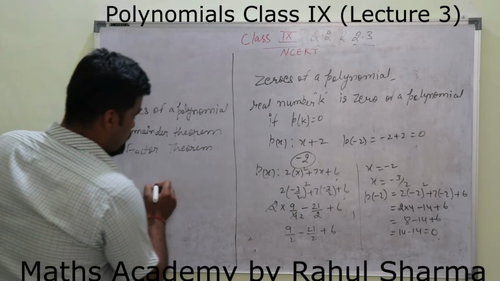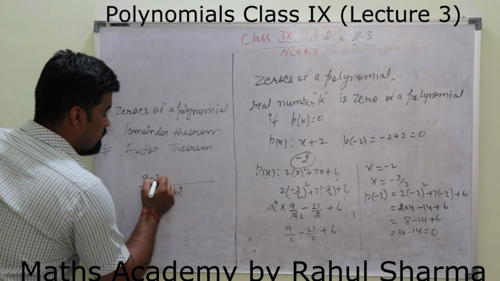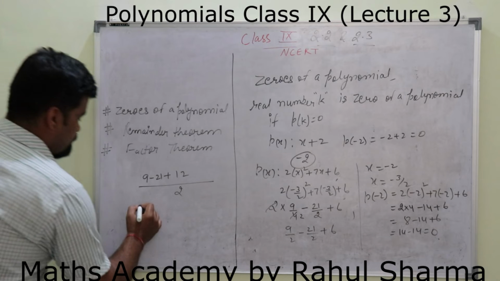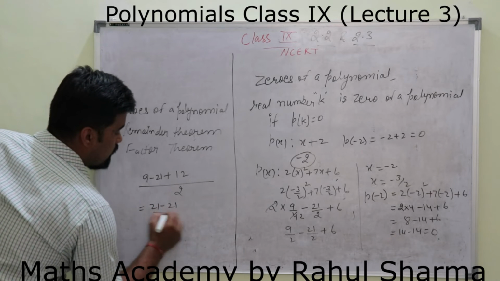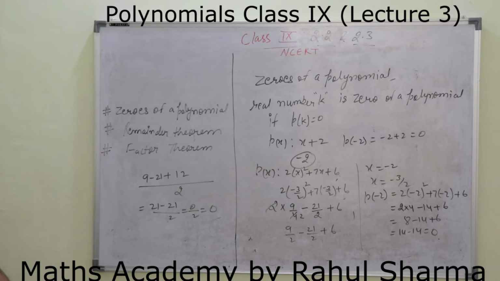If I take LCM 2, it will become 9 minus 21 plus 12. So again it is 21 minus 21 upon 2, which is 0 upon 2, which is 0. So again the value of this polynomial at minus 3 by 2 is 0.